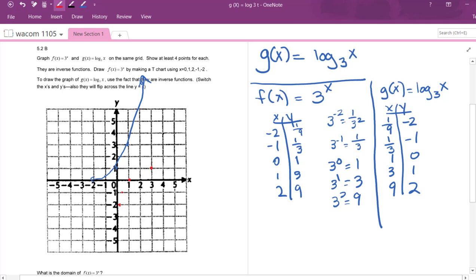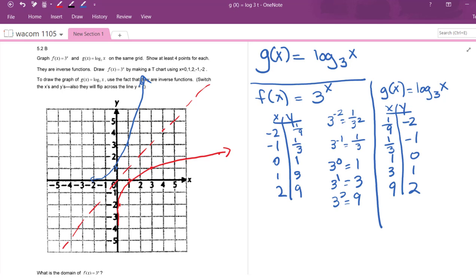And 9, 2. So this is the log graph, and this is the line y equals x that they flip across. So they are inverses.